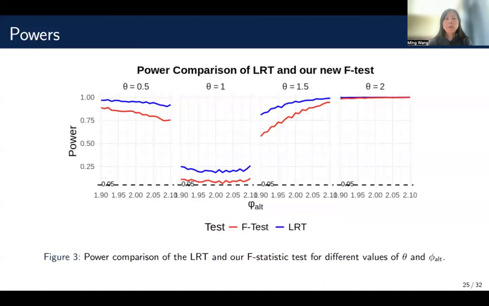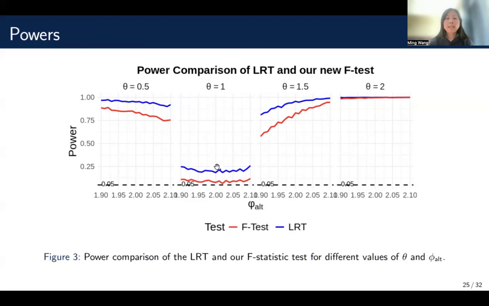By comparing the powers, we got the idea that our method does not always give us the larger power. But we know that a larger power doesn't mean it is better. If the test always has a high power, it means the test is too aggressive. So we look at the true values: theta is 1, and the true value of phi is 2.